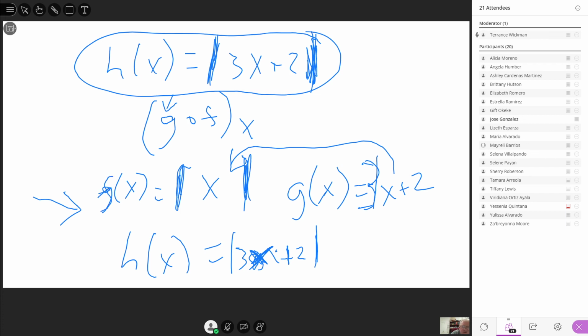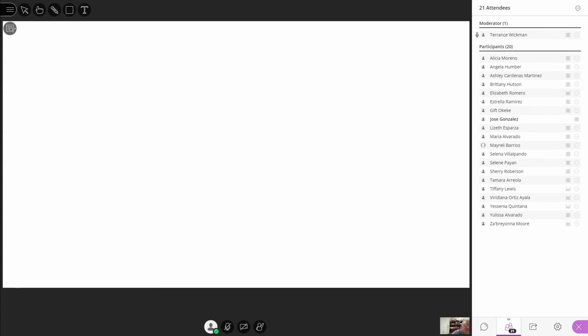The g of x is going to be whatever goes inside it. You got to do one more. Again, one more. h of x equals absolute value of, let's say, 5x plus 3.